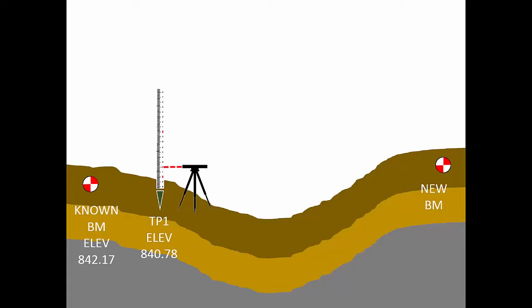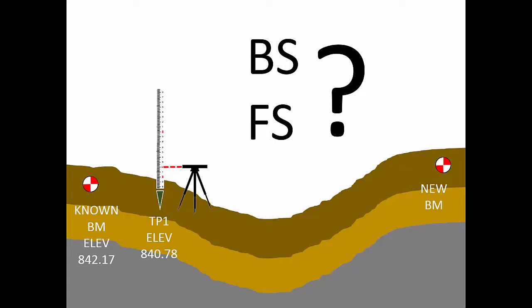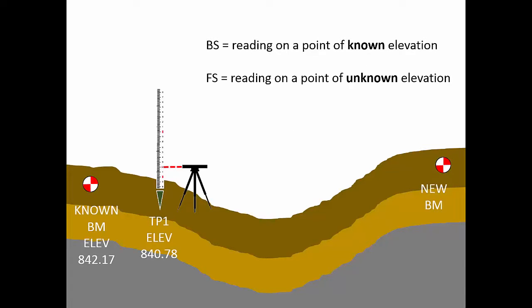Now, here's an important question. Will this reading be a backsight or will it be a foresight? Remember, a backsight reading is a reading on a point of known elevation, and a foresight is a reading on a point of unknown elevation. So, which is it in this case?